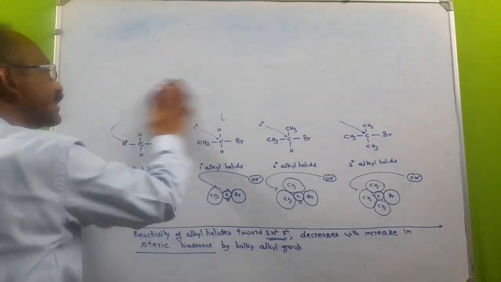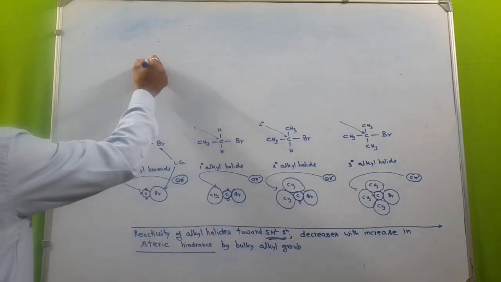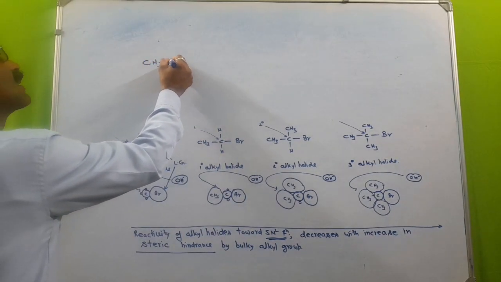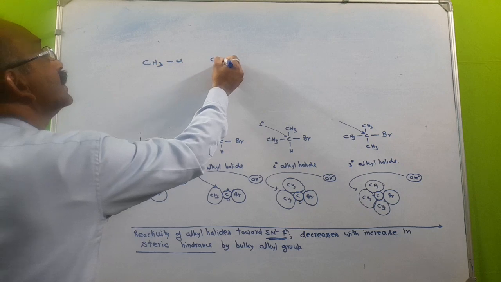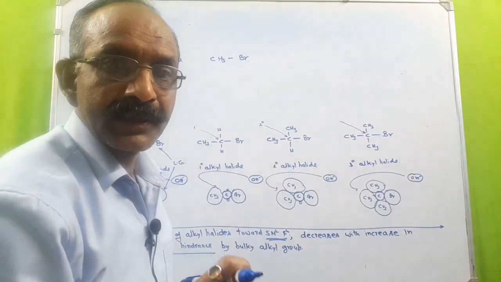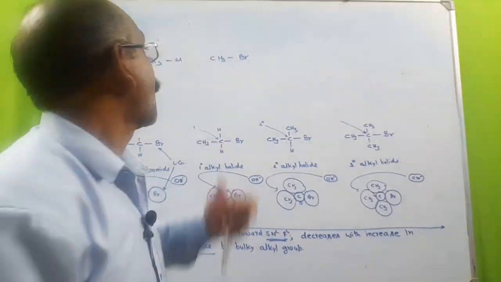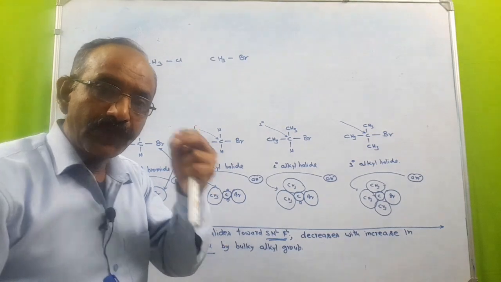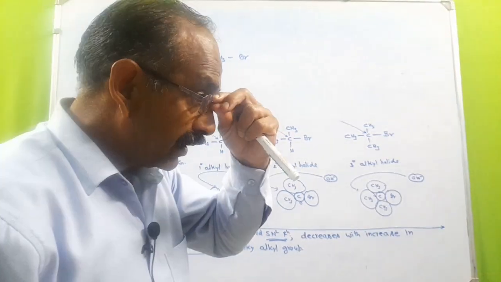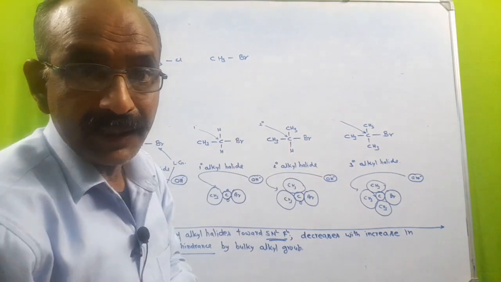See, suppose the question is, the two alkyl halides given are one is CH3Cl, one is CH3Br. And the question is, in both the alkyl group is same, and out of these two, which one will undergo SN2 reaction more readily?